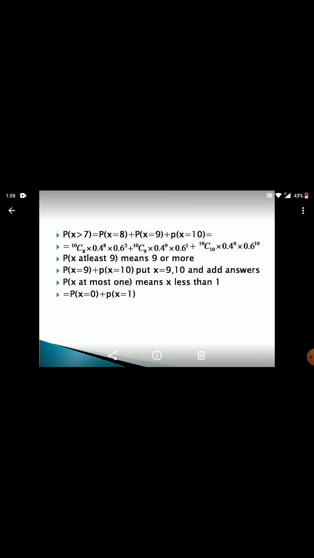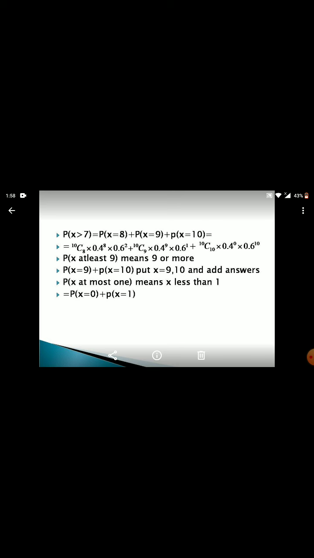For x at most 1. At most means to the maximum. At most 1 means that the maximum number of x can be 1. x 1 से कम हो सकता है, 1 से ज़्यादा नहीं हो सकता. Means x less than or equal to 1. Sorry, this is a correction over here, not less than 1, but less than or equal to 1.